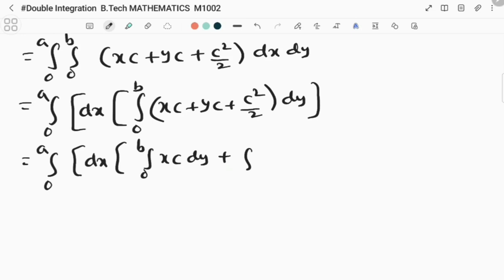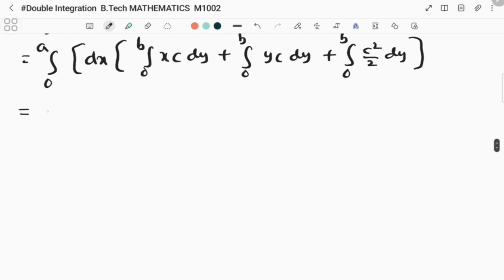So in the next step, each and every term integrating with respect to x only, dx only remaining. So integral 0 to a, first you write it, bcx plus bcy, next bc square by 2 into dx.